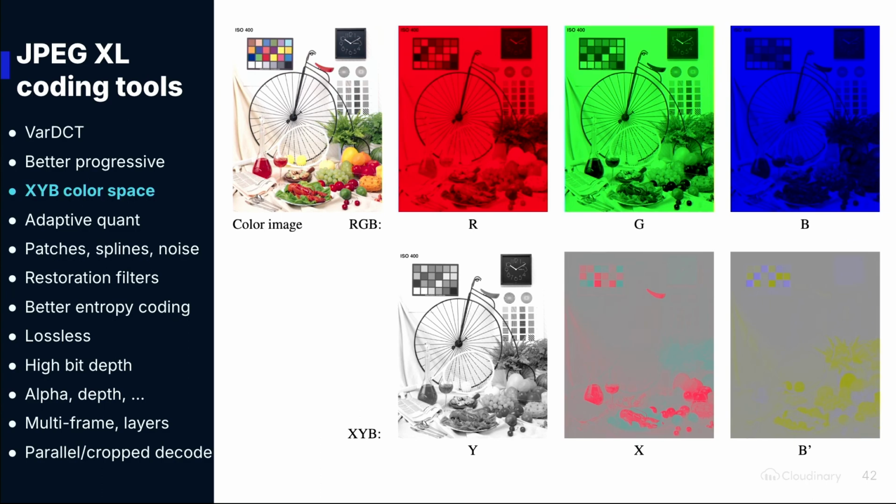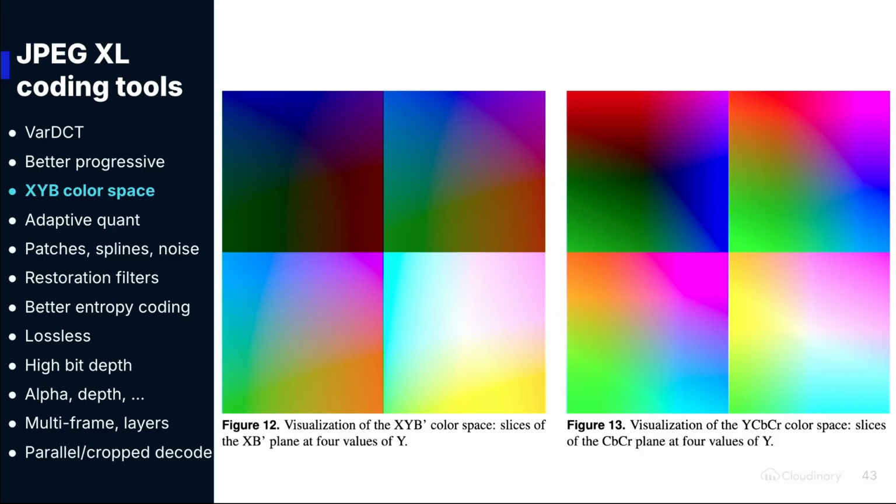But it's a slightly better space in terms of perceptual characteristics. It's going to be hard to see this on the projector. Anyway, the perceptual uniformity of the color space is somewhat better than in YCbCr.